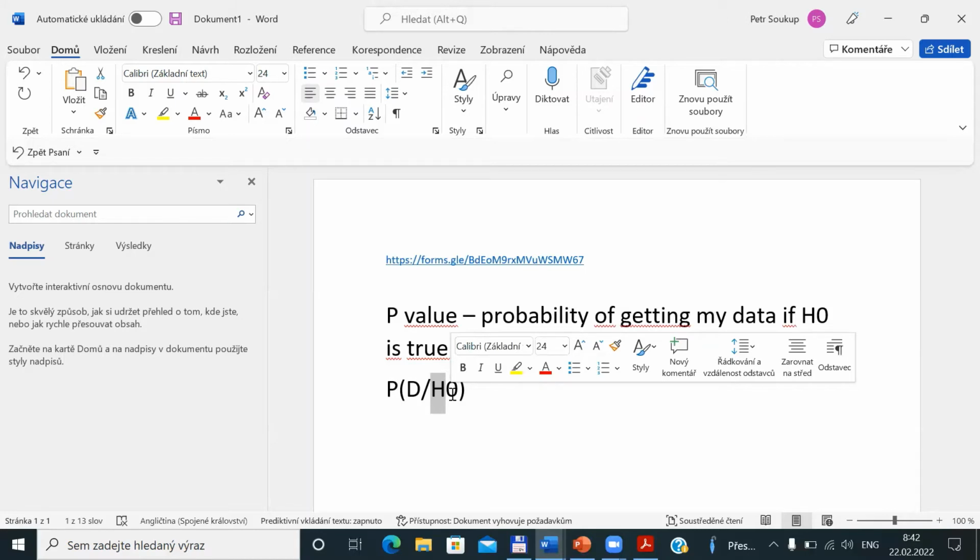Then you reject the null hypothesis and accept the alternative one. The opposite step is, if the probability of getting my data or even worse data is quite big, given that the null hypothesis is true, then I will not reject the null hypothesis. That's another possible statement based on statistical testing.